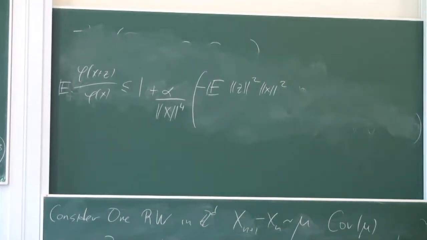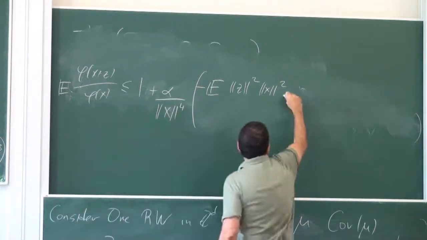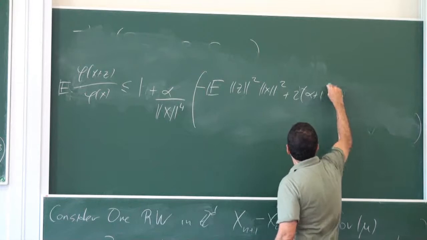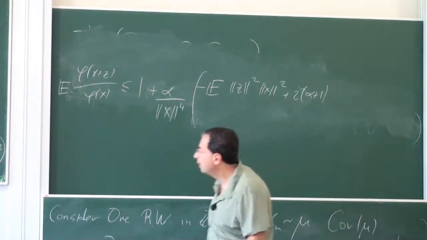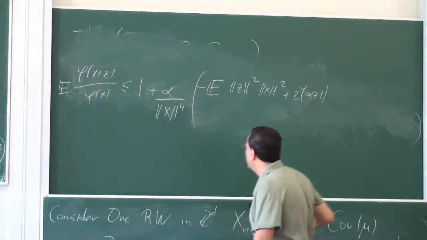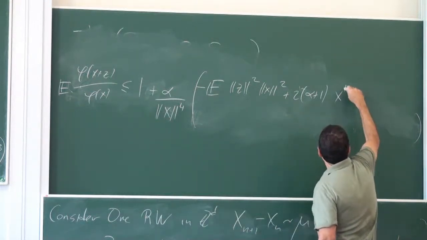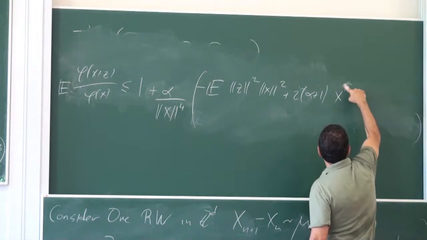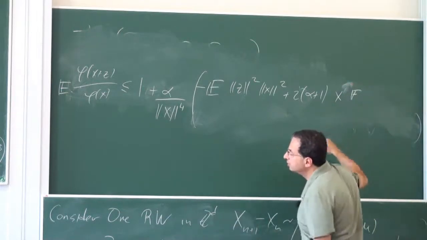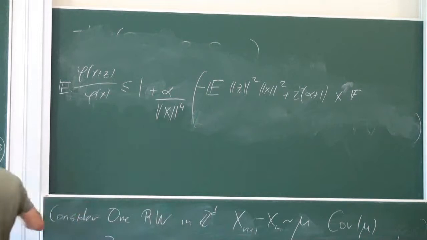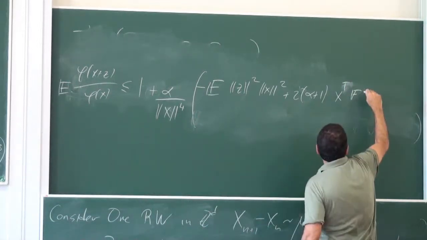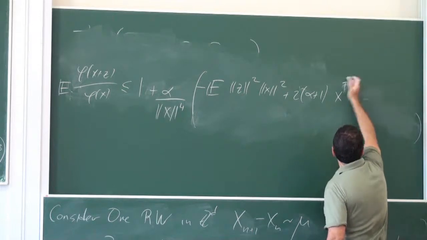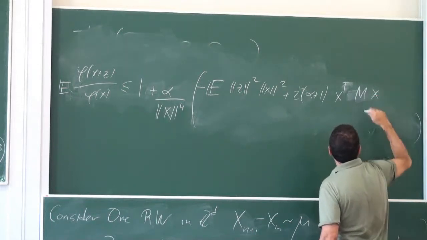So the norm x squared is because I took x to the 4th, and then I also have a plus twice alpha plus 1 and x transpose, I'm sorry, x, expectation, let's see, okay, x transpose expectation of z z transpose, which is just M times x.